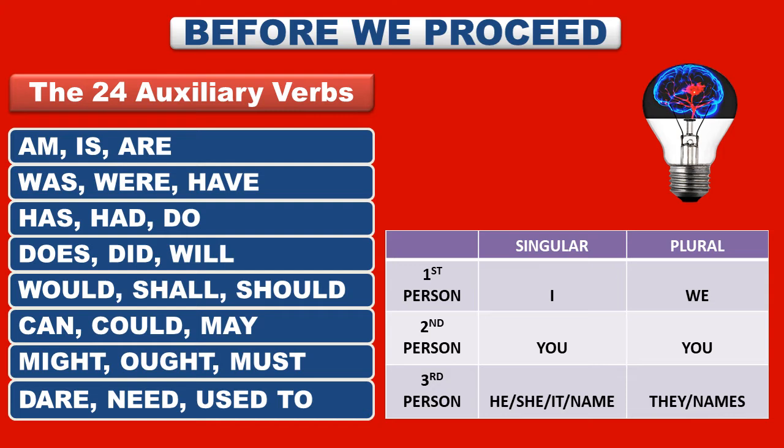Along with that, we also get to know the plural numbers of first person, second person, and third person. So these two things you have to learn by heart, otherwise it won't be possible for you to convert assertive sentences to interrogative sentences correctly.